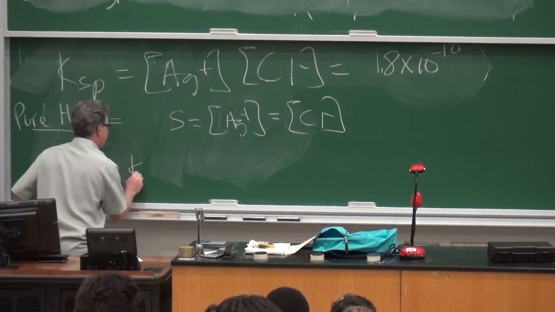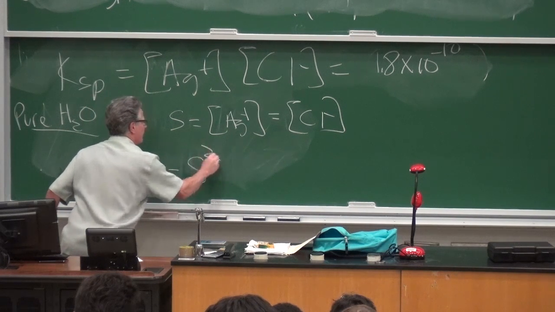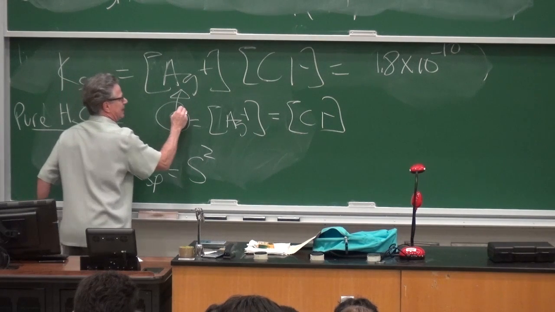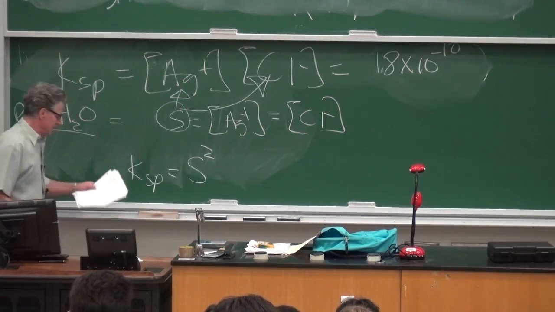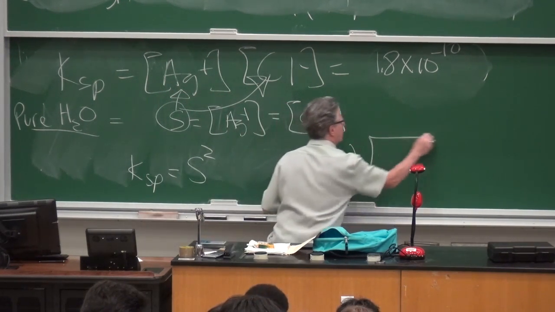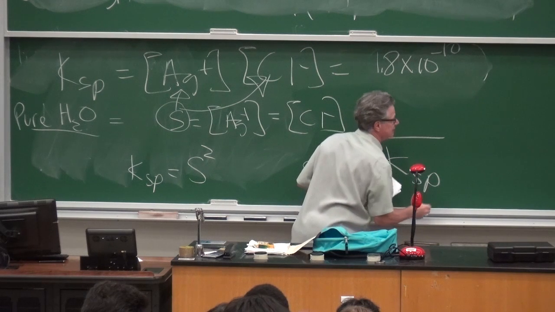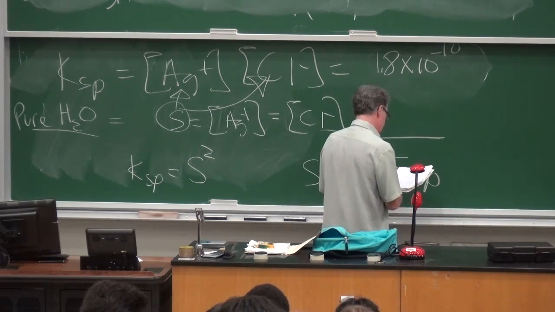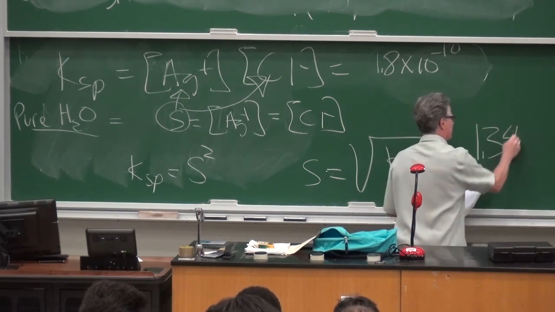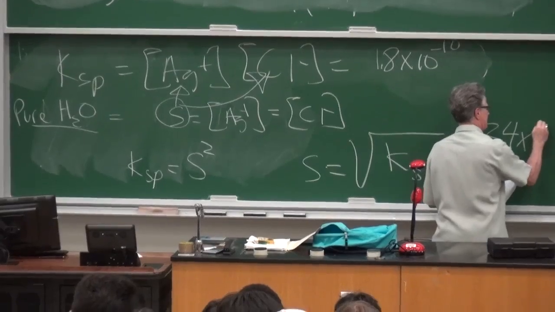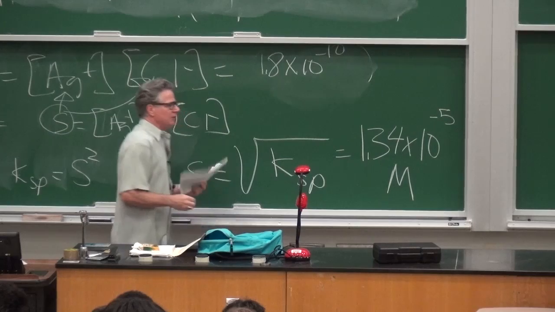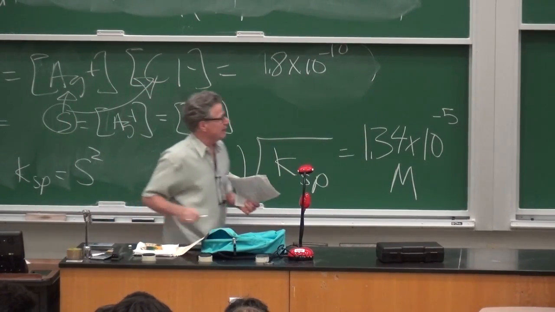So that means that KSP is S squared if we just plug those S into here and S into there. And so that means that S is equal to the square root of the KSP for this simple example. And when I do that calculation, I get 1.34 times 10 to the minus 5 molar. So there's your proof that it's a weak electrolyte.